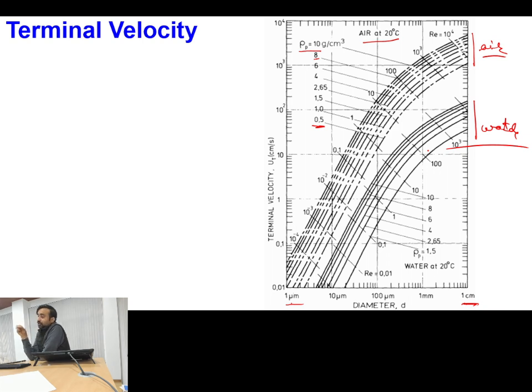So basically we are deriving some of these things from fundamental theories. At the moment it may appear that whatever I am teaching is purely theoretical, and important only for scientific people who want to do fundamental research, who want to develop drag coefficients or relations for terminal velocities, who want to theoretically understand at what point separation is occurring.